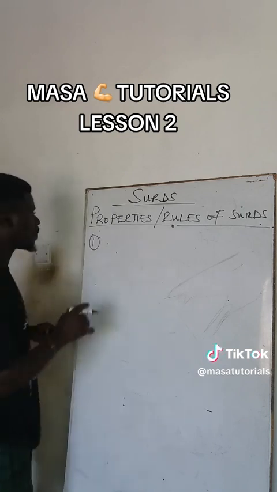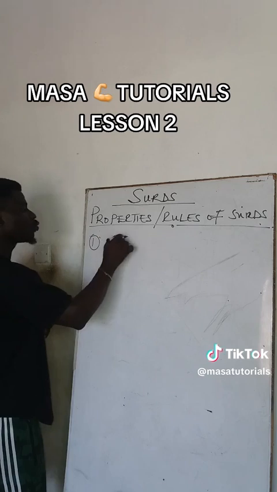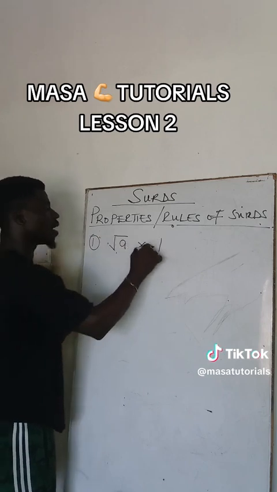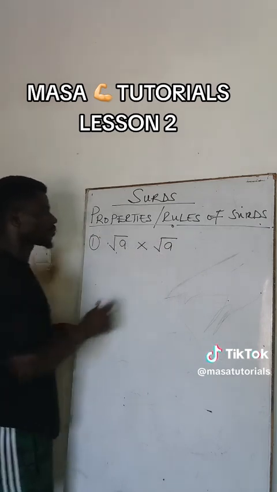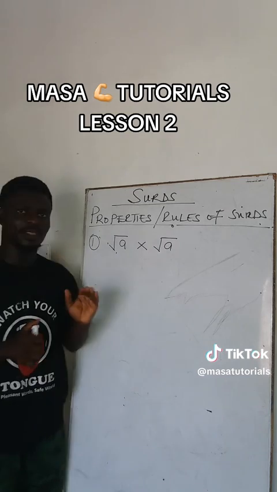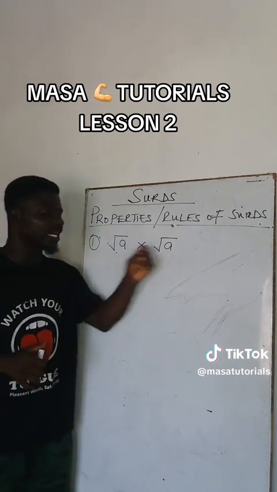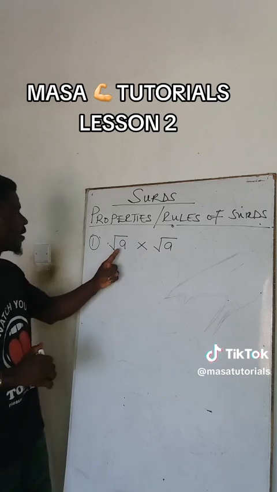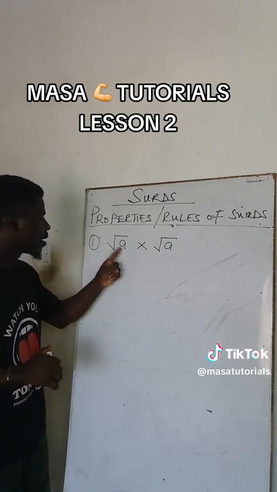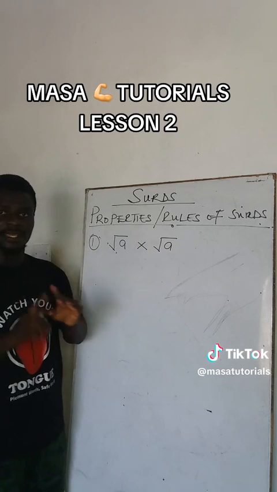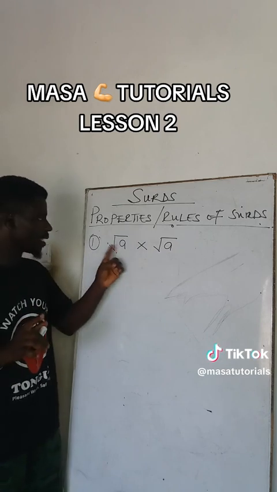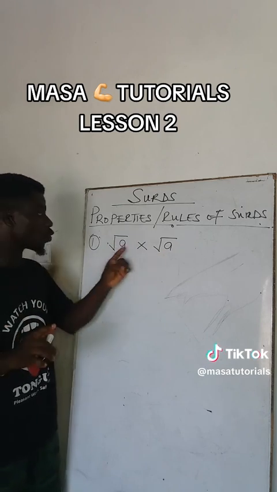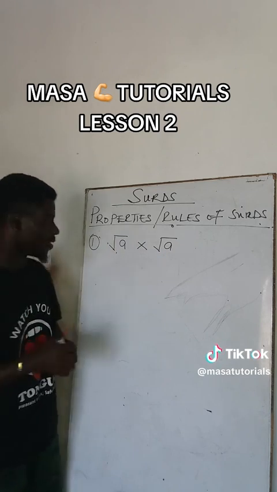Now, the first property we have is square root of a times square root of a. If you see something like this, it's very, very simple to note that this a and this a are the same, which is called the radicand.